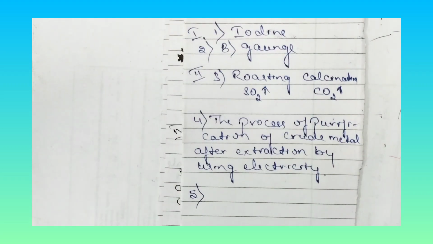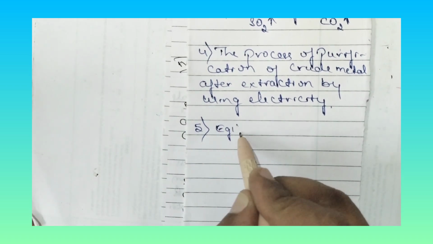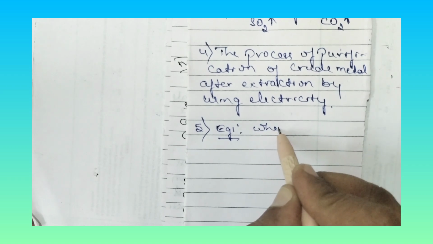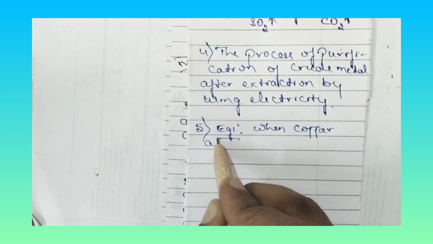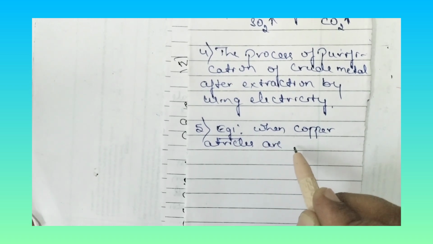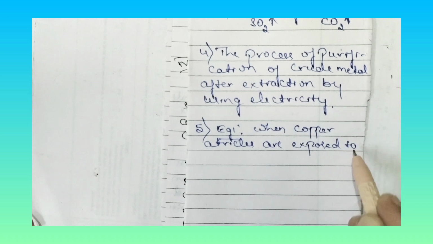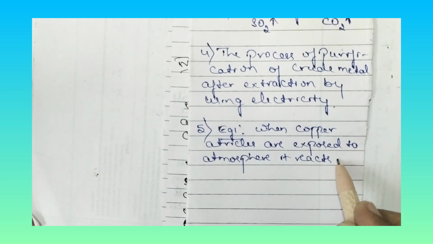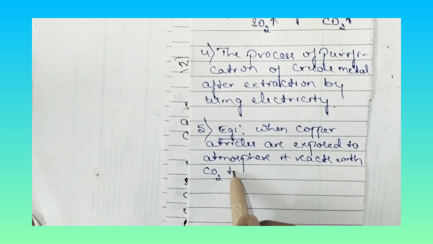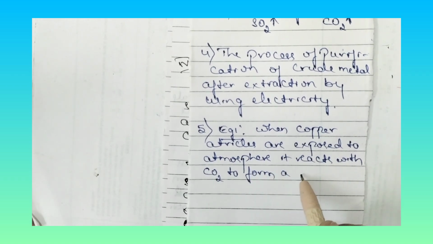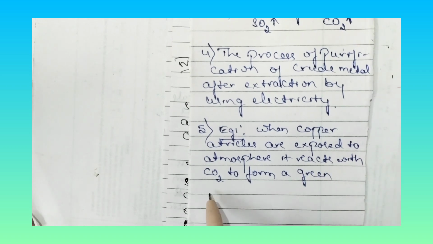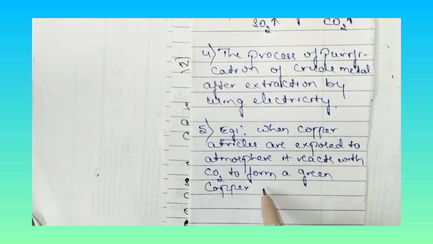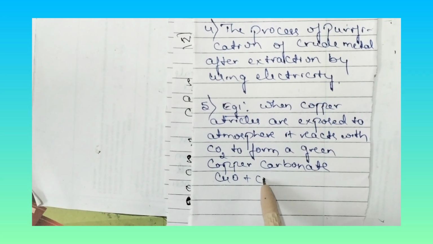So example for corrosion, example 1, that is when copper particles are exposed to atmosphere, it reacts with carbon dioxide to form a green copper carbonate. CuO plus CO2 give rise to CuCO3.